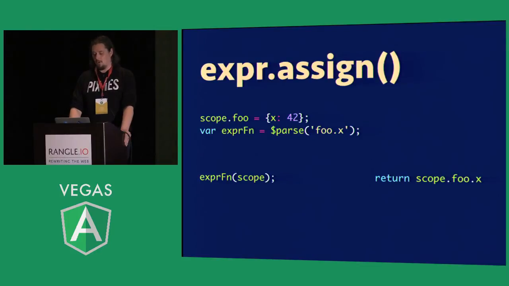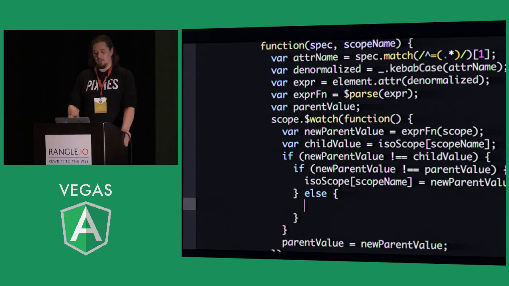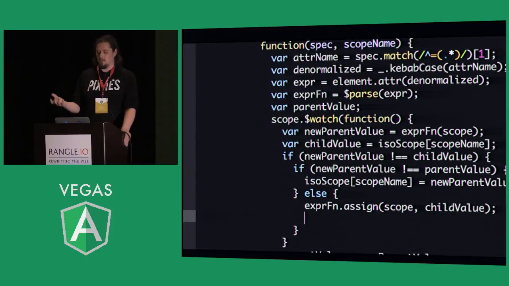But you can also call a method on it called assign, give it a scope and a new value. And what it will then do is it'll go into the expression and figure out how to replace that value on the scope with a new one. So this is something the expression parser in Angular provides us. And we can use that here because we have the expression function, we have the parent scope, and we have the new value from the isolate scope. So we can just assign it.